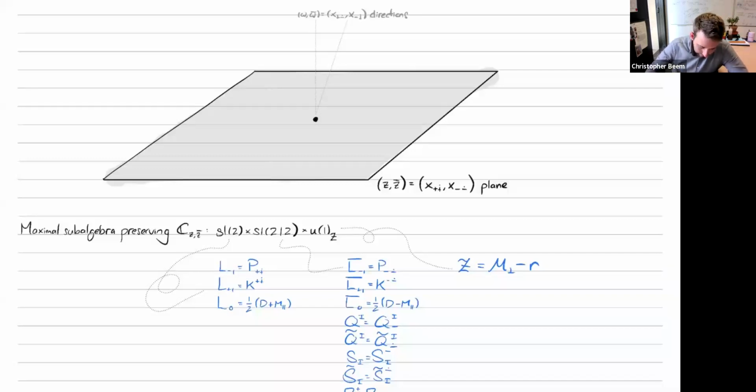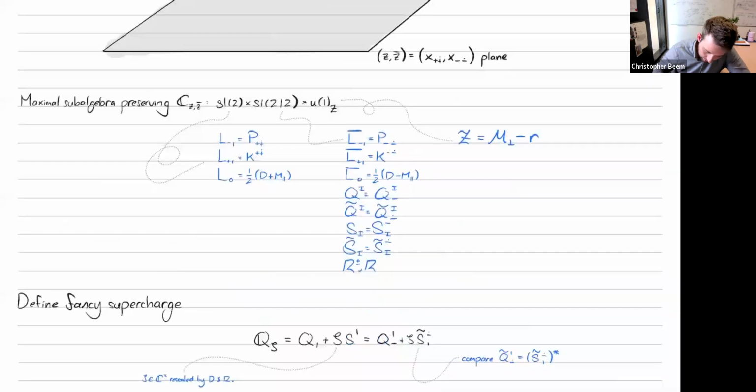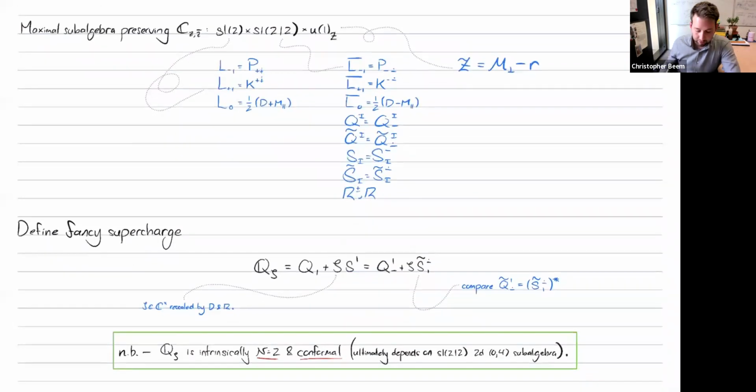And then if we look at a maximal subalgebra of the n=2 superconformal algebra that preserves that plane, we get something that looks like this. So inside of the n=2 superconformal algebra, we have a copy of the two-dimensional holomorphic conformal algebra, say acting on the Z coordinate.